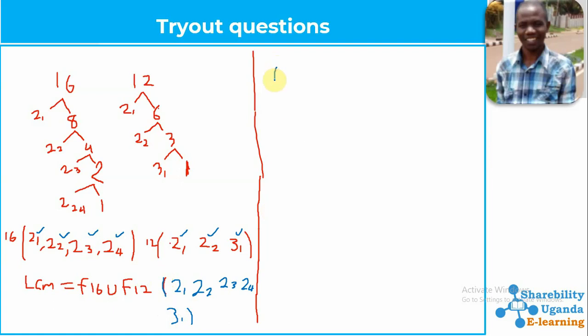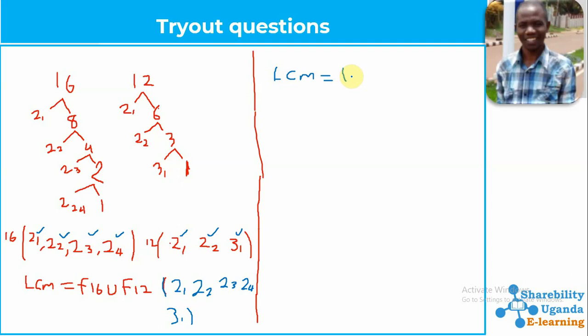So now after identifying and listing out our union of sets, we continue and say that our LCM is going to be equal to the multiplication of our prime factors, because this simply means the lowest common multiple.